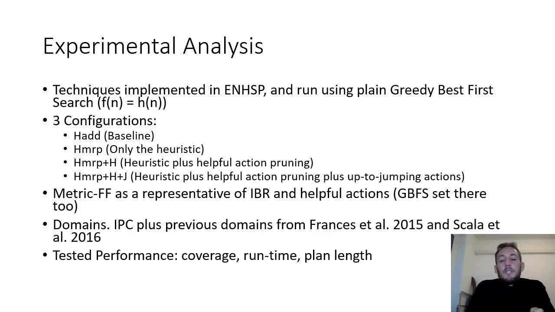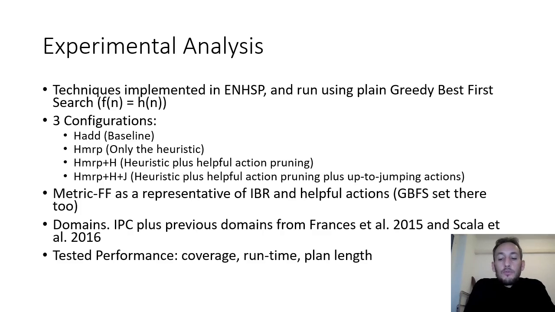We performed experiments using a greedy best first search algorithm, and we compared three different configurations: only the heuristic that we have proposed; the heuristic plus helpful action pruning, so we branch only over helpful actions; and the heuristic plus helpful action pruning and up-to jumping actions.